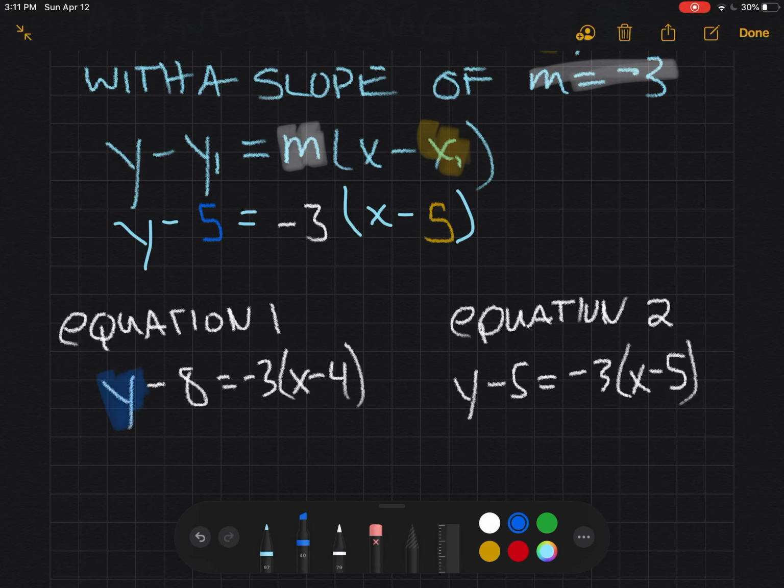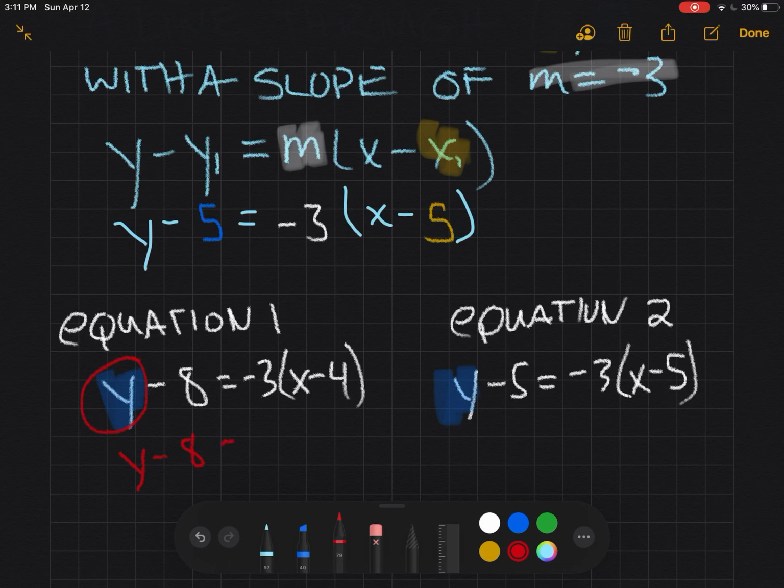Y minus 5 equals -3 times x minus 5. It turns out that if I solve these equations for y, I'm going to get the same exact answer. So I'm going to run through and do that for you in red. If you'd like to pause the video here and try it yourself, that would be a good idea.